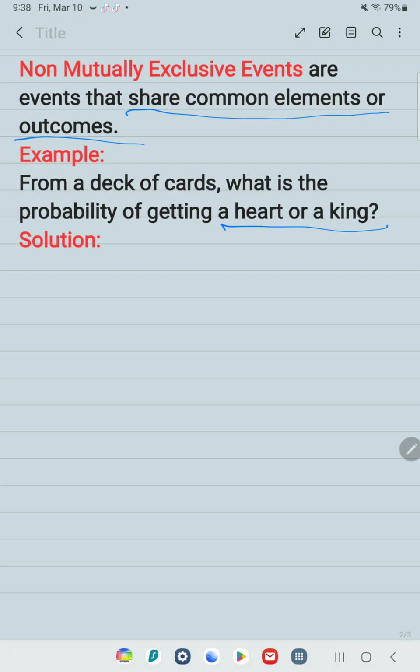Now, how are we going to calculate the probability? The probability of getting a heart or king is equal to, first, the probability of getting a heart. How many hearts are there in a deck of 52 cards?